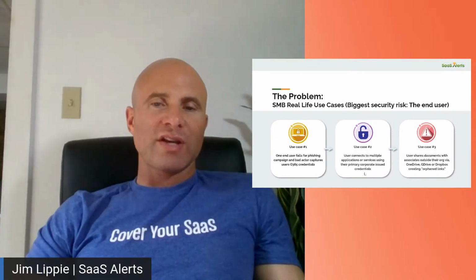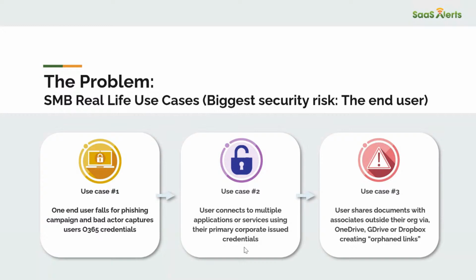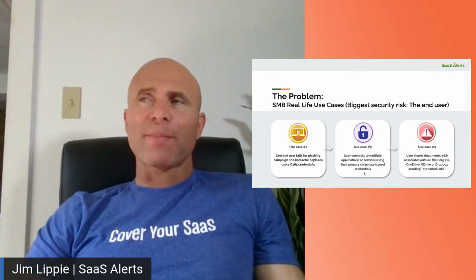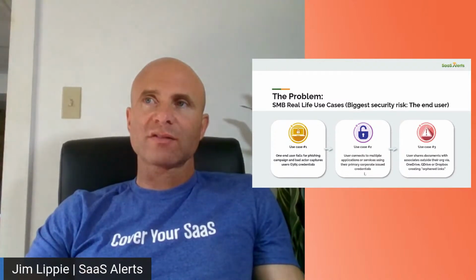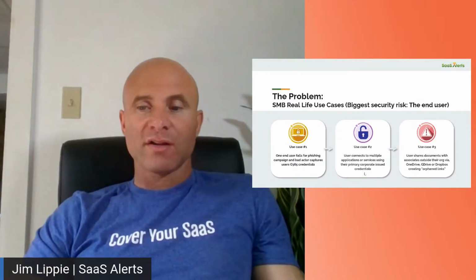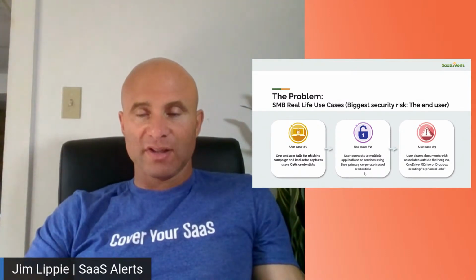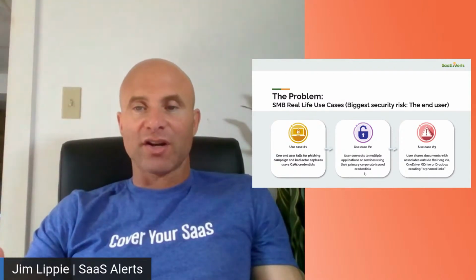Use case number two: users connect to multiple application servers using their primary corporate credentials. Every third-party SaaS application on the planet wants to use your 365 or Google Workspace credentials to log into their app because it makes it easier. Yeah, it's super easy, why wouldn't I do that? Exactly. Well, the problem is it widens the threat vector.